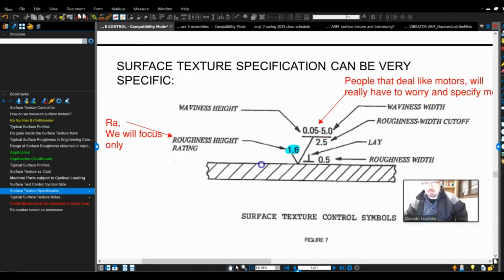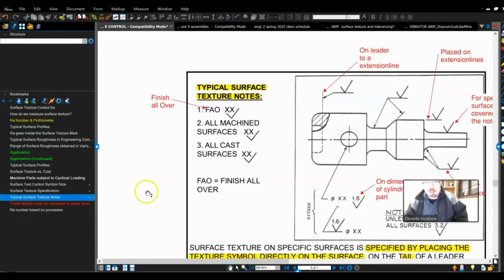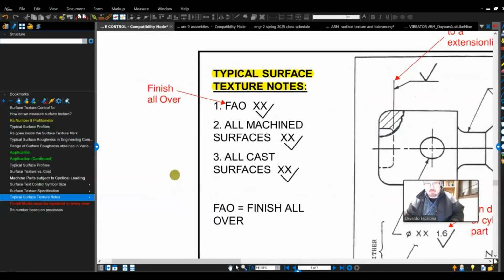Now, if you want to give them specifically the shape of your waves, then you can go this way. I'm going to assume that this type of callouts are for when you're doing something super precise that has to be a certain way. In the drawing, how do you call it out? You've seen this before.